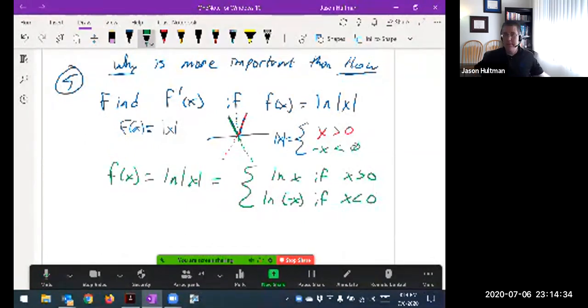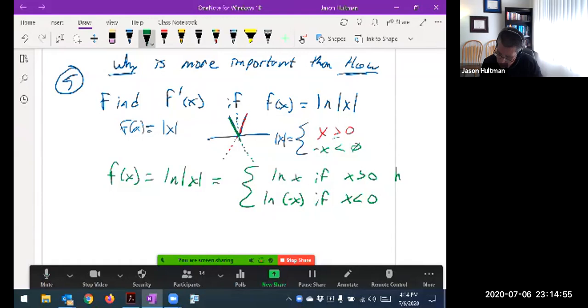Does that make sense? And we're not going to talk about what happens at 0. For the original function, you could have it either the greater than or the less than. For the natural log, you cannot take the natural log of 0, so we don't include it. Natural log of 0 does not exist.